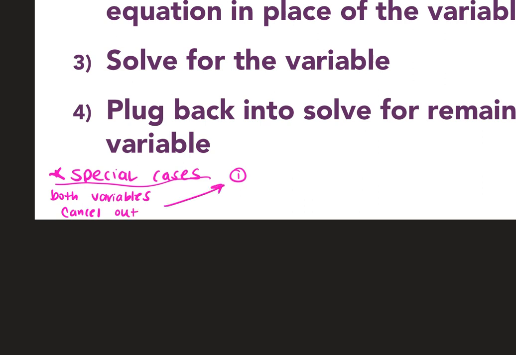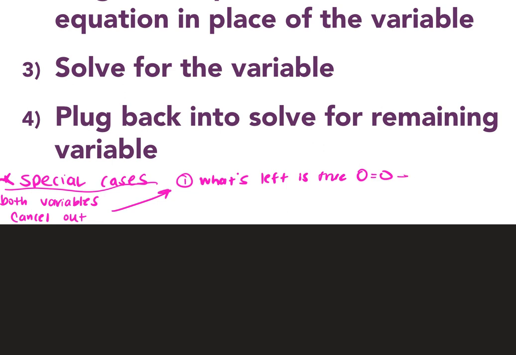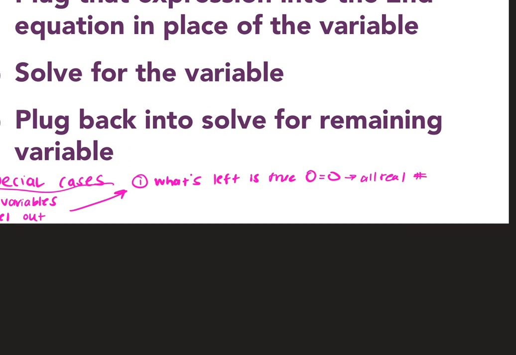If both variables cancel out and what's left is a true statement, for example, 0 equals 0, then my answer is all real numbers. Any pair would work in that equation or in that system.